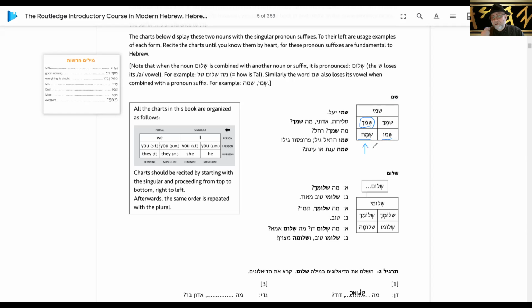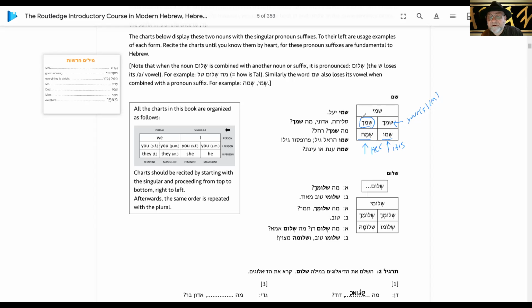So this is the her. This is the his. And your, Shimcha, your name, singular, and it's masculine. Okay.